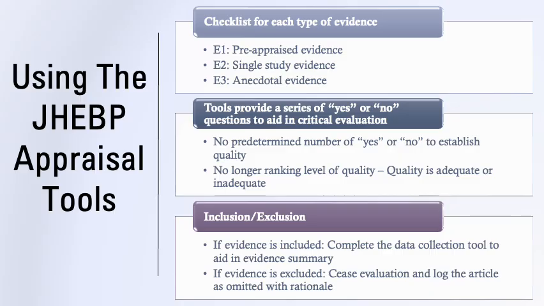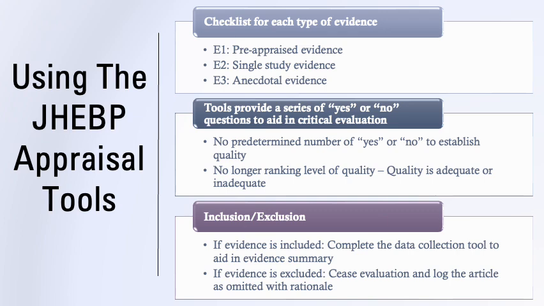The challenge here is there is no predetermined number of yes or no answers that say that an article is adequate quality or inadequate quality. Therefore, it is always best to have at least 2 individuals analyze the article, compare your answers, and compare your conclusion about adequate versus inadequate quality.